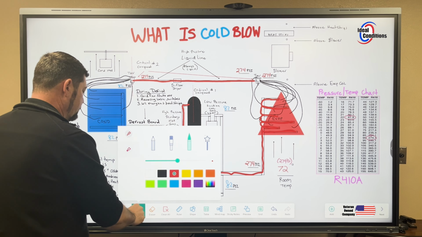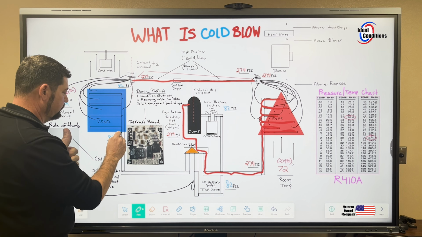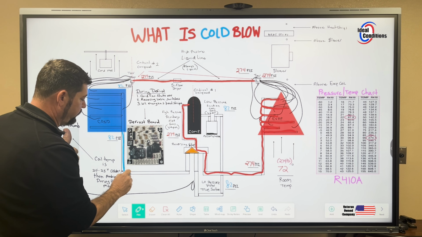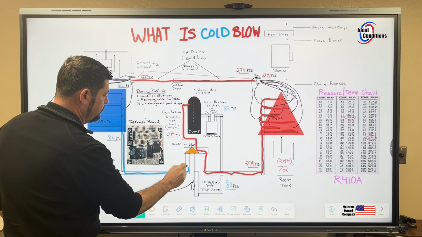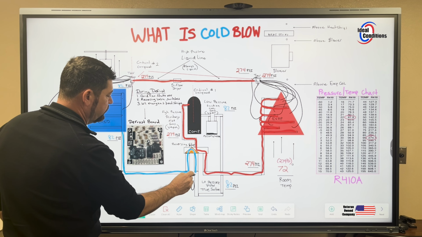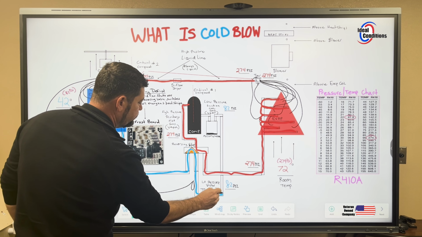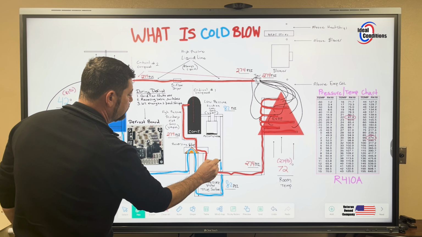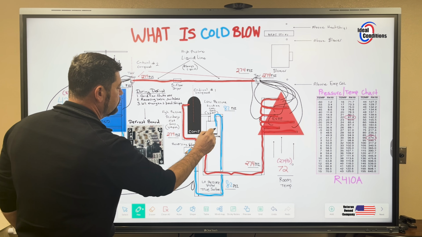And then at this point, we change our color. We go through the reversing valve. We're at a low pressure vapor. We go through our accumulator.